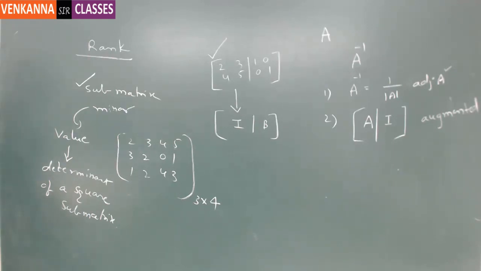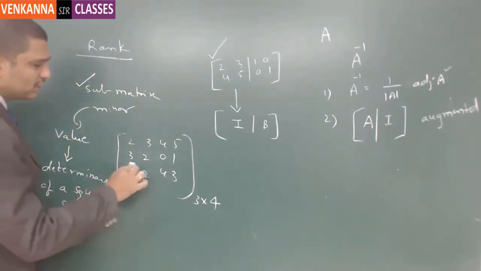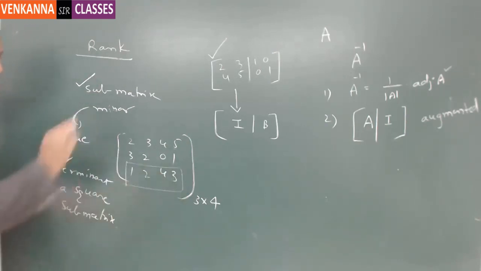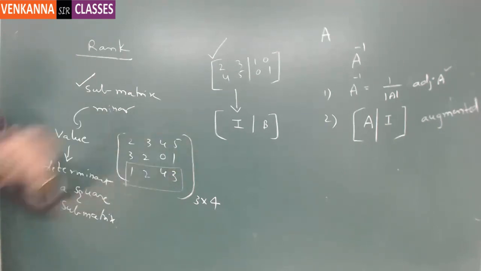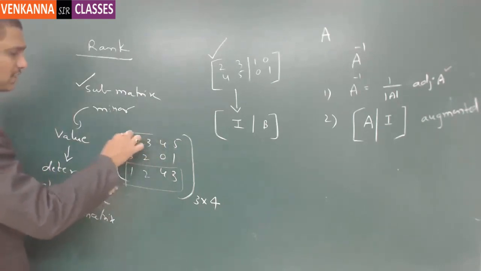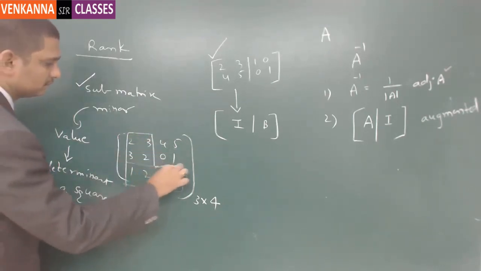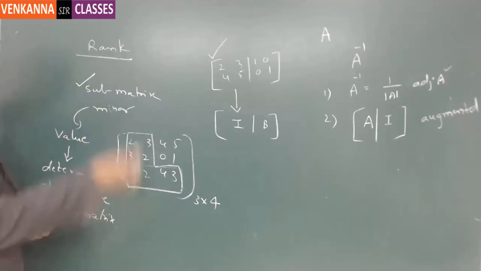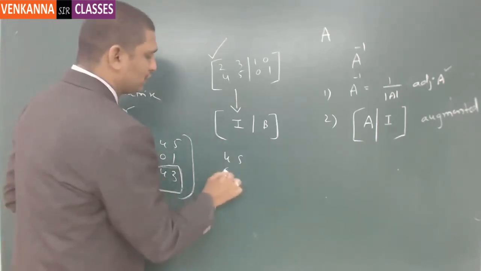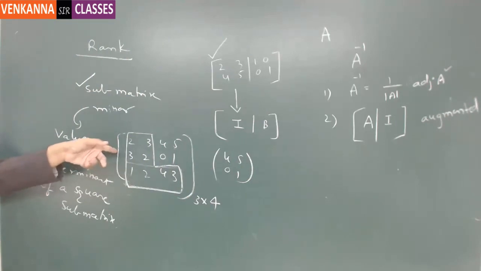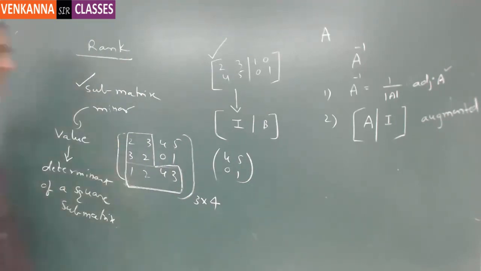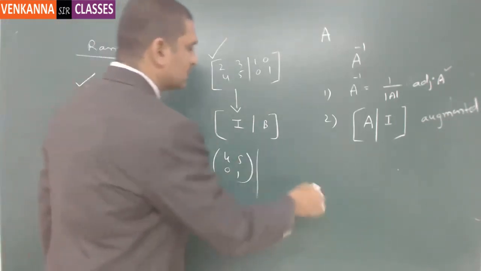Suppose I have excluded this row, this is a rectangular submatrix 2 3 4 5 3 2 0 1. Suppose I have omitted this part. So what is the result? 4 5 0 1. This is a square submatrix of the original matrix. So if I calculate the determinant of it, it is called a minor.